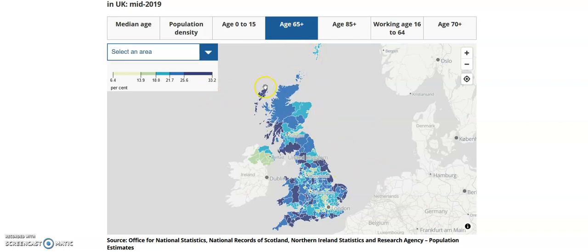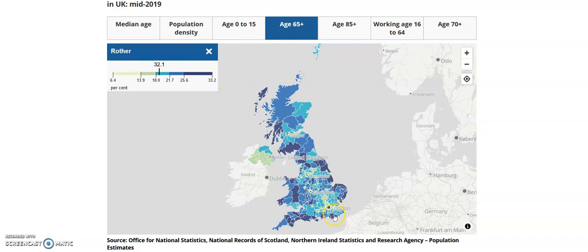So darker areas means we have a range in percentage between 25.6 to 32.2. We have here, for example, 27.5.